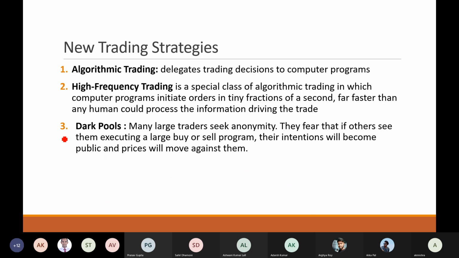And dark pools, basically, are trades which are anonymous. Generally for this, you will find the OTC market dominating, because when you trade on the exchange using any of these two channels, at least to some extent your identity is going to be revealed.